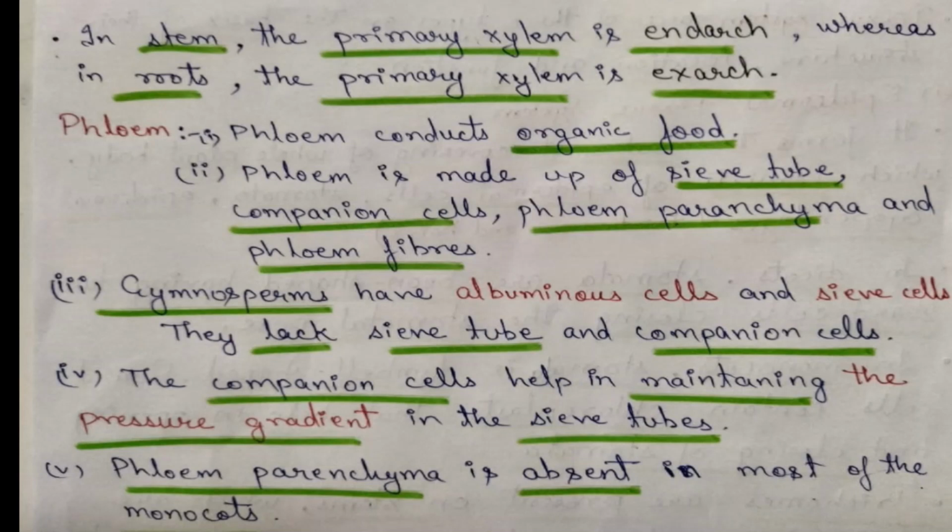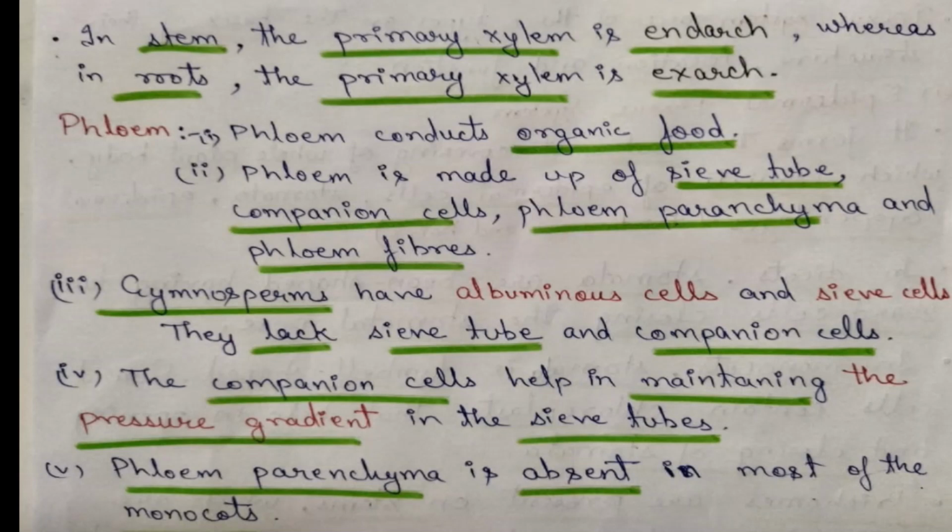I repeat again, protoxylem lies toward the center or pith and metaxylem lies toward the periphery, then the condition is known as endarch. Whereas in root, protoxylem lies toward periphery and metaxylem lies toward the center, then the condition known is exarch and it is seen in root.